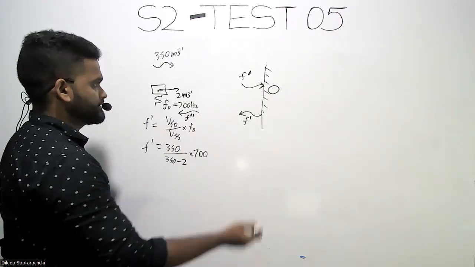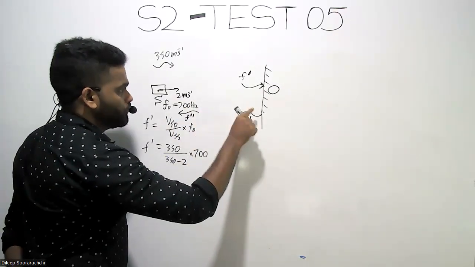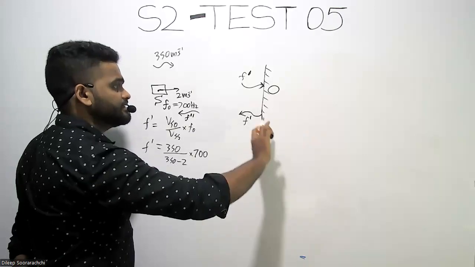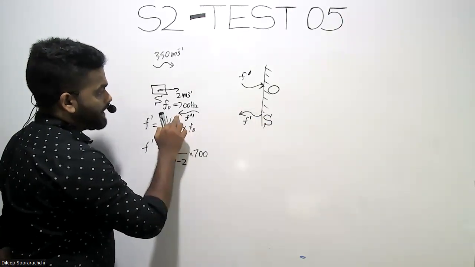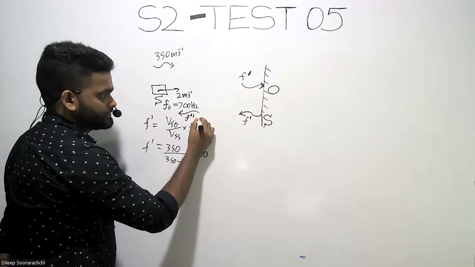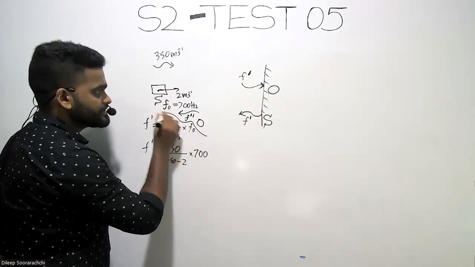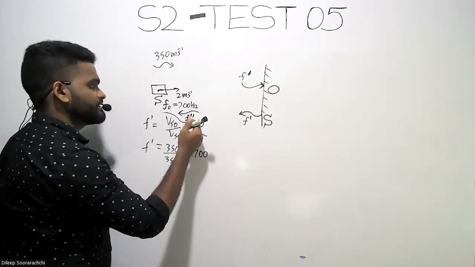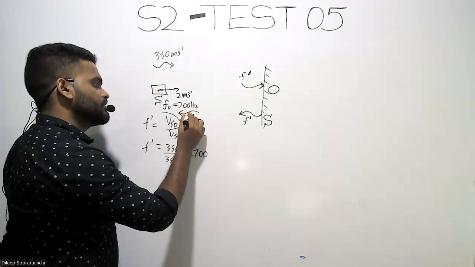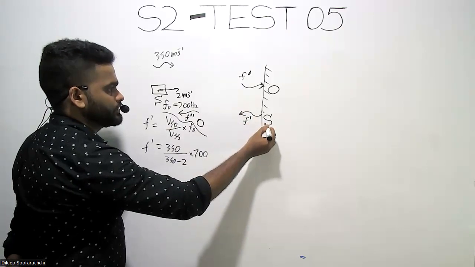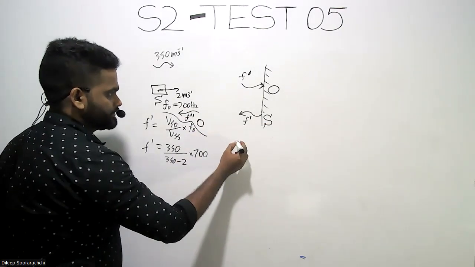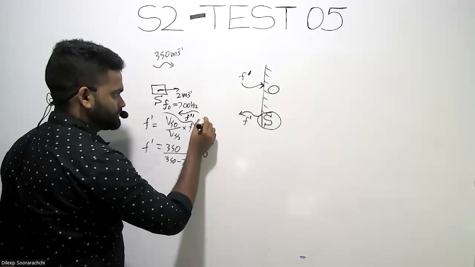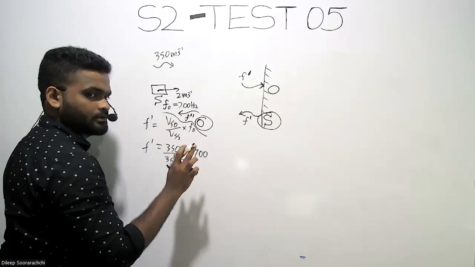The next thing is, now the wall is releasing sound, so it is like the source now. The ambulance is like the observer, since he is receiving the sound waves. In this case the ambulance is going to be the observer, and the wall is going to be the source. Right, source, observer, don't mix it up.